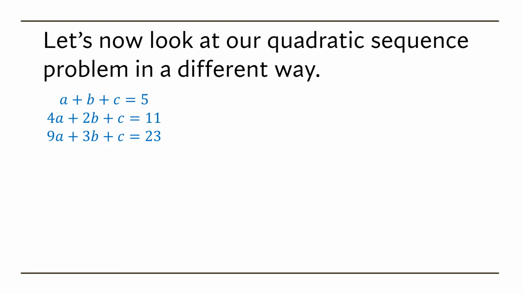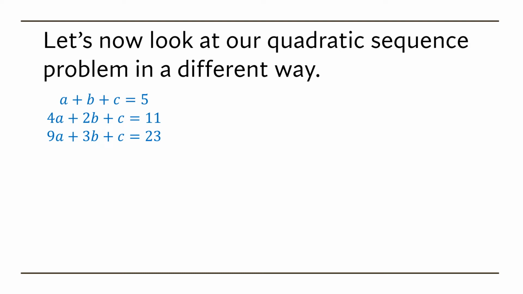And then 4a plus 2b plus c is equal to 11. And 9a plus 3b plus c is equal to 23. The terms on the left side of the equal signs will always be in that form.